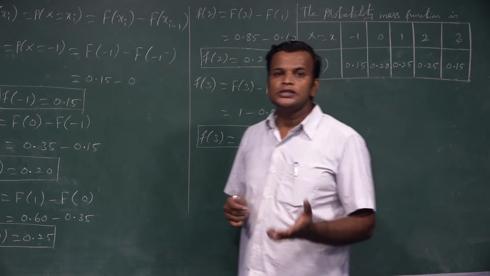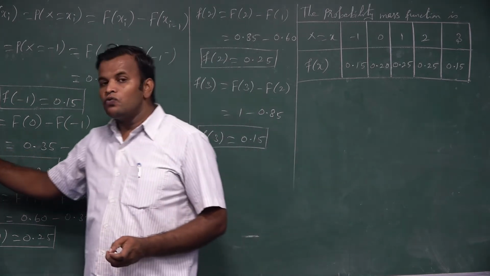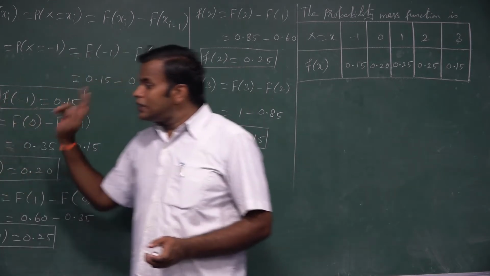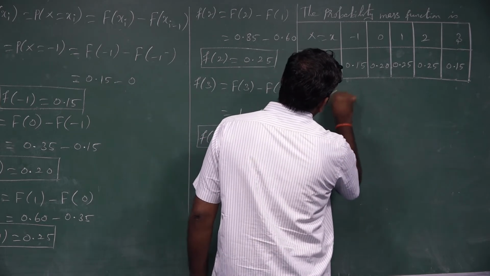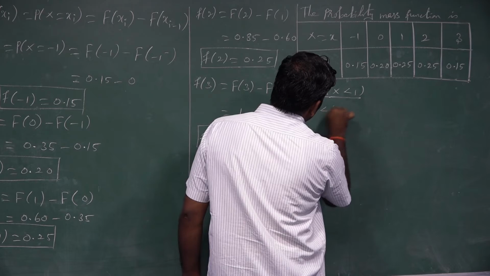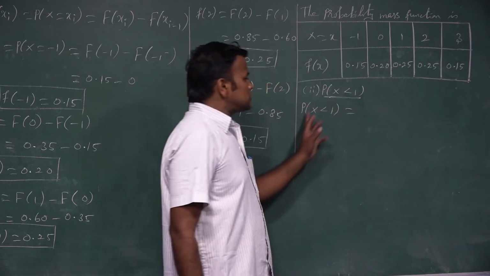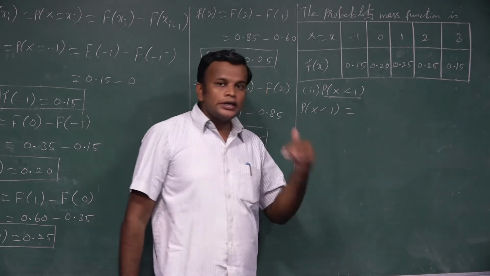But two more questions are given. What is the second part? You see the question. In the second part, find P of x is less than 1. P of x is less than 1 means to find the probability that the value of x is less than 1.